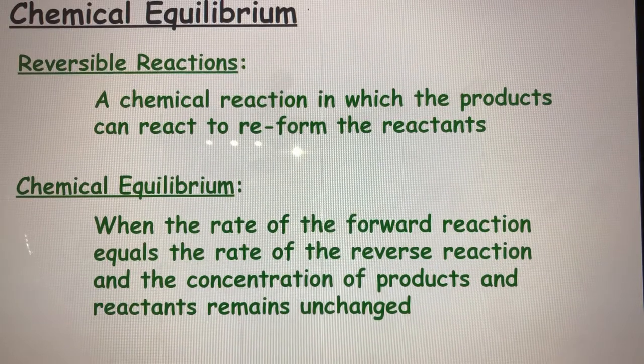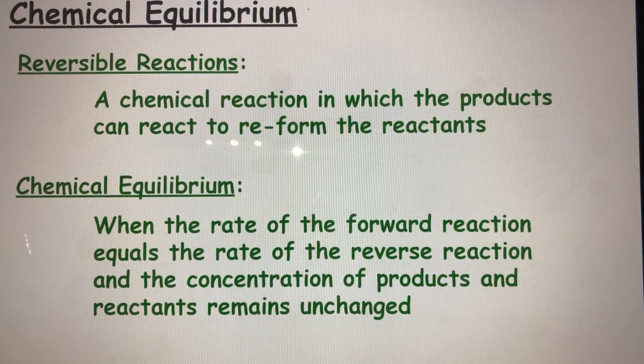So even after time has passed, let's say 20 minutes, 30 minutes, an hour, if you look at how many reactants you have and how many products you have, you would still have 30 reactants and one product. You started out with 30 bicycle parts and you already had one bicycle on the product side.